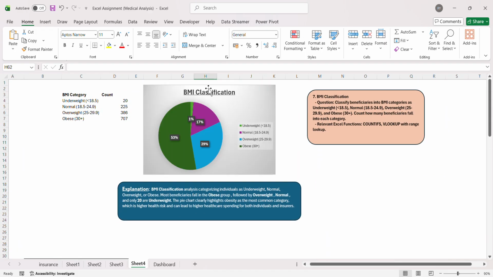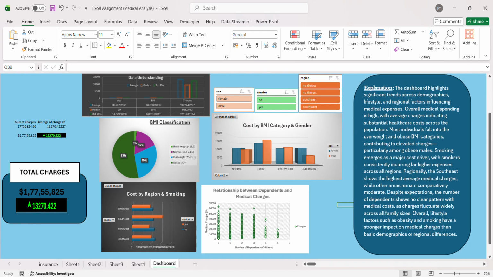Now I will wrap up with my dashboard. This dashboard highlights significant trends across demographic, lifestyle, and regional factors influencing medical expenses. Overall, medical spending is high, with average charges indicating substantial healthcare cost across the population.